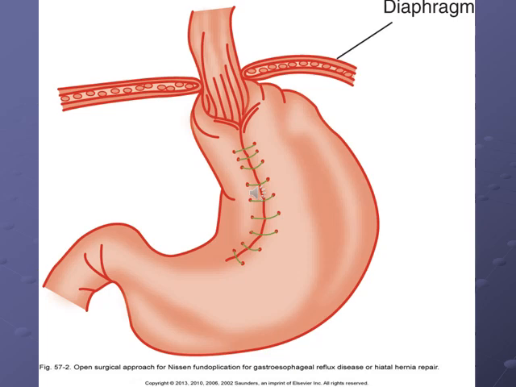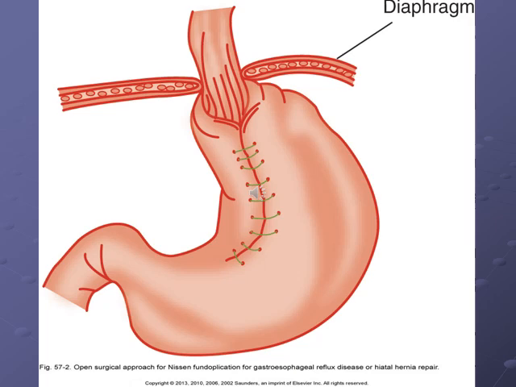So this is a picture of the Lap-Nissen fundoplication, and this is again where the fundus of the stomach is wrapped around that distal esophagus and sutured in, and then it tightens up that sphincter tone. So basically it's going to reduce the amount of reflux because we've tightened that all up. Now the one thing with this is that they usually cannot vomit anymore. And sometimes it can be too tight. It gets so tight that they even have difficulty passing food, like swallowing and getting it through how it's normally supposed to go.